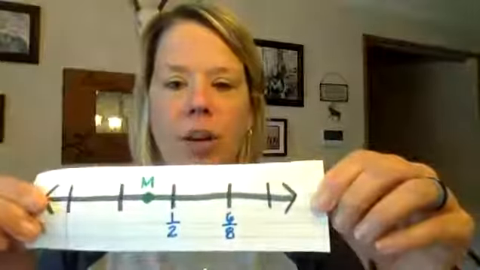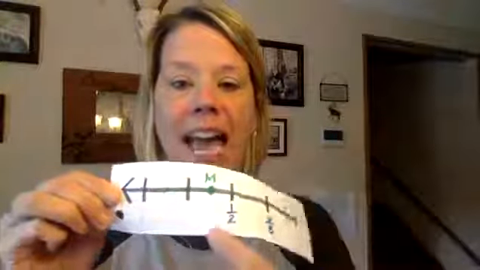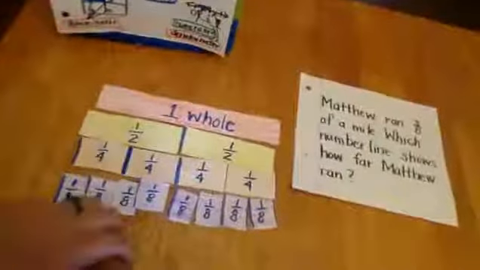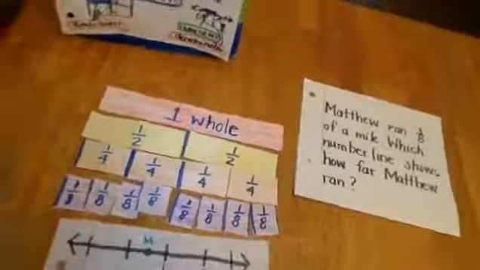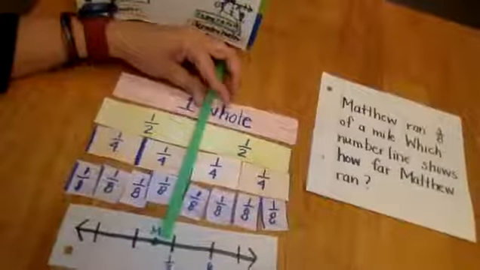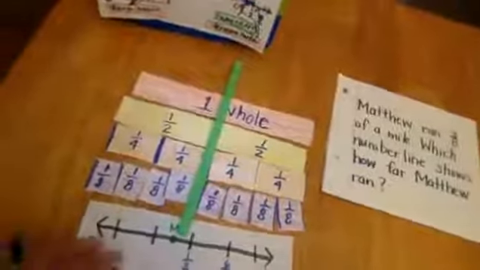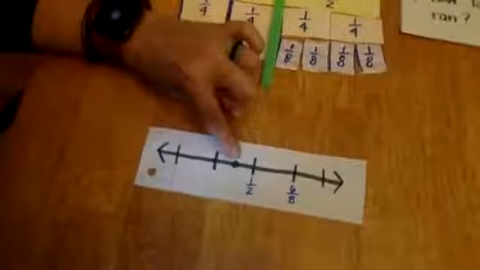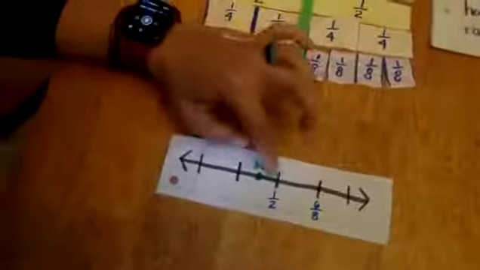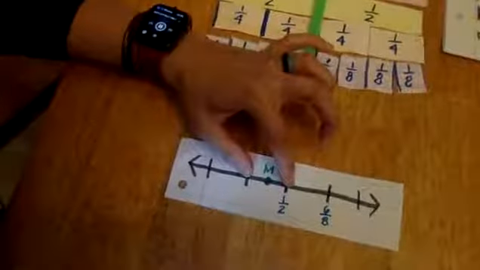Here we go. So we're going to start our straw at half, okay? So here we go. Miss Street's lid's falling. Sorry. All right, so here's my half. Okay, right here. Now, when I look at my number line here, I can see that where Matthew ran is halfway between this fourth.